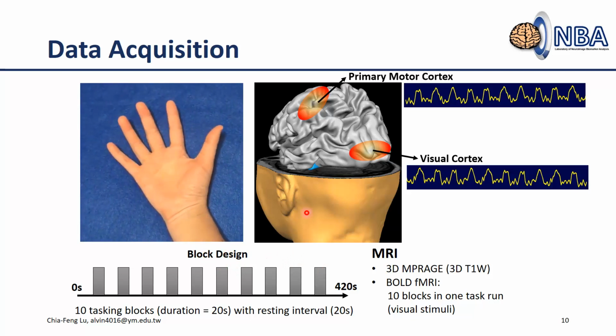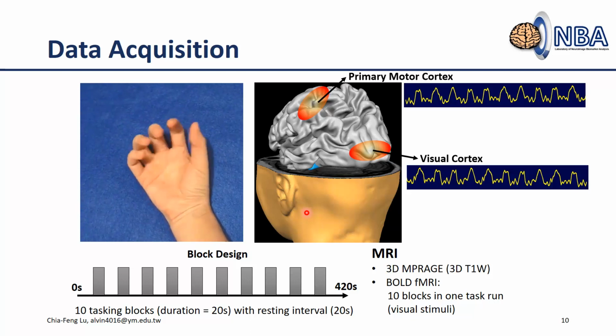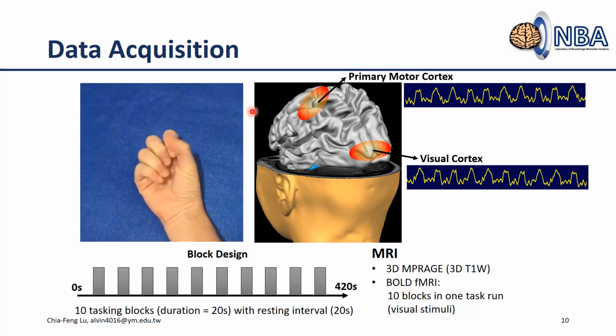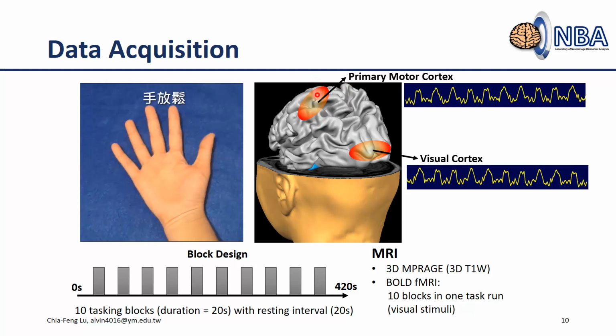So this is the very simple way that we conduct fMRI, and it can help us not only identify the specific brain region, what we call the brain activation region, but you can also use this to do so-called brain connectivity analysis. I'd like to know, when this region has this kind of BOLD signal profile, is there any other region that may have a similar profile?